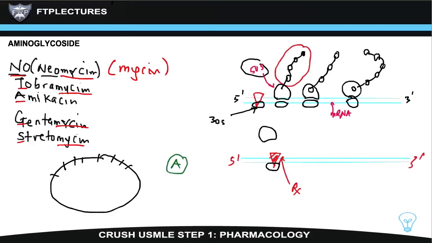So we're going to use oxygen, O2, and attach it to it. It's an oxygen-dependent movement to transport the aminoglycoside, such as tobramycin, amikacin, streptomycin, or neomycin, inside the cell. So I'm going to open the door and get this antibiotic inside the cell.